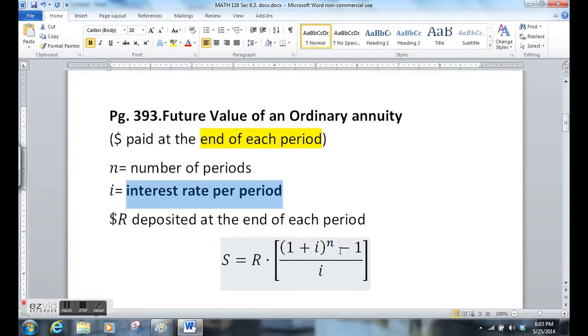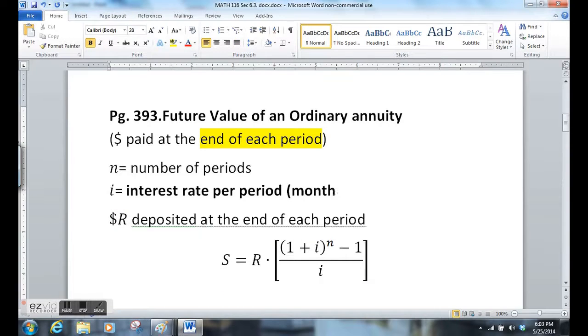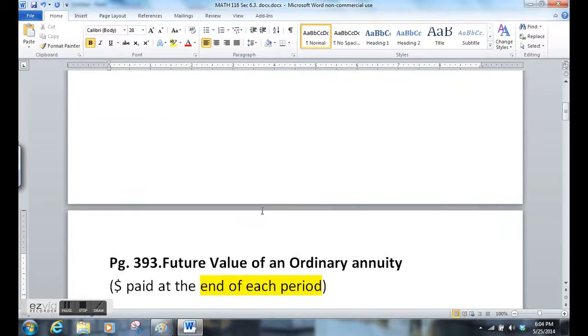N is the number of periods, so how many months are you putting it in, how many quarters, whatever. So you got just 3 things here. Amount of money you're putting in each period, so the period could be a month or a quarter or a year, whatever. Number of periods and the interest rate per period. So there's the formula.